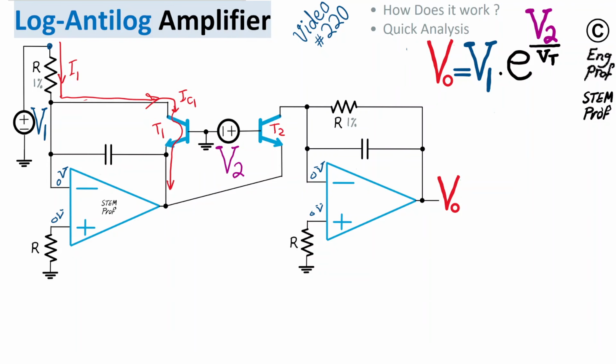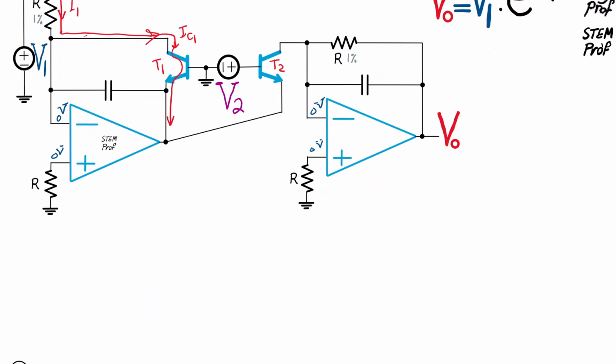Okay, so one thing we can write obviously is using the Shockley PN junction equation. We can write IC1, or basically just I1, equal to IS e to the power VBE1 divided by V thermal, where IS is the saturation current.